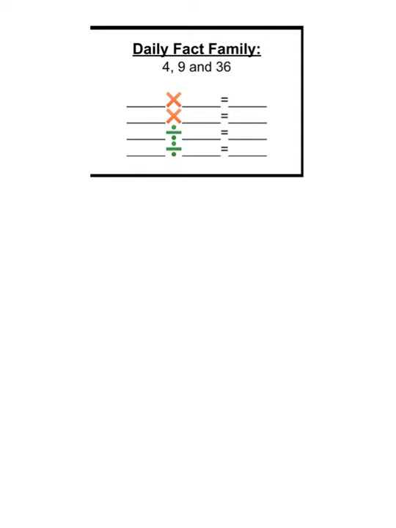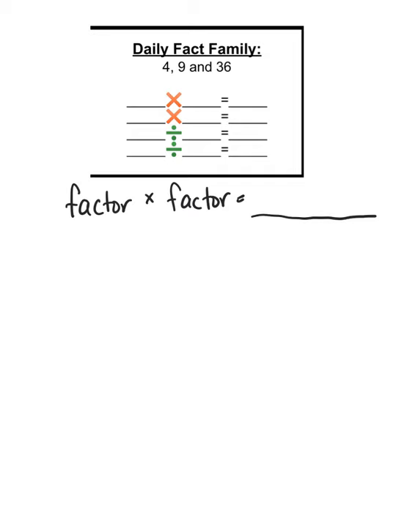Remember some vocabulary words for us here. When we're talking about multiplication, factor times factor equals, what vocabulary word should go here? What's the word that means the answer to our multiplication problem? That's right, it's our product. Now when we're talking about division, we need to remember that our dividend is the number that we are splitting up or sharing.